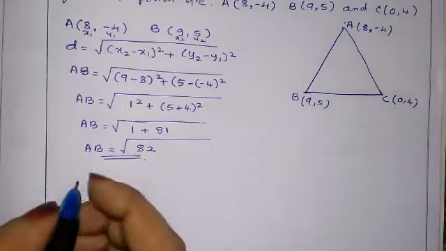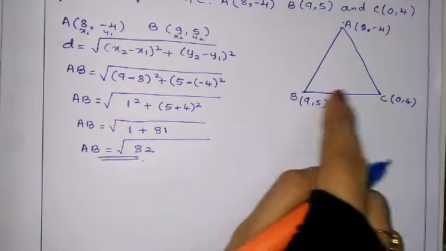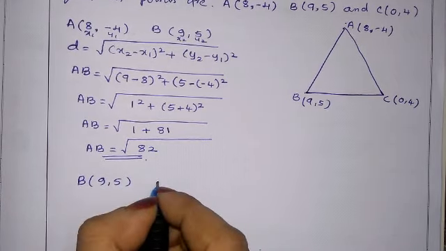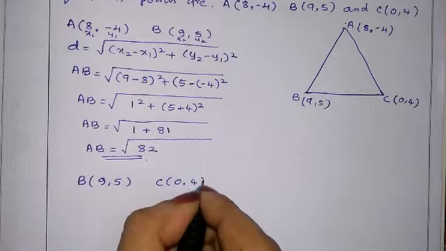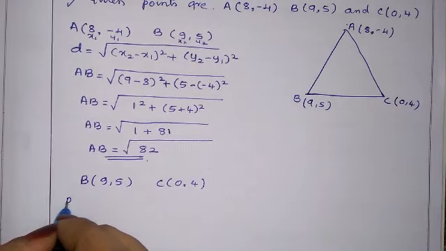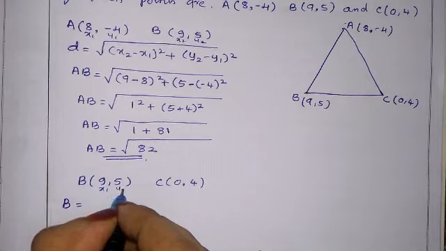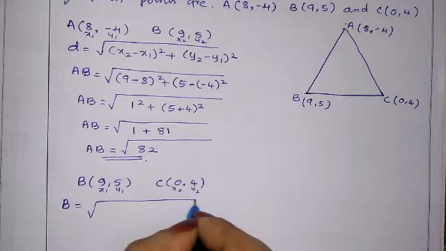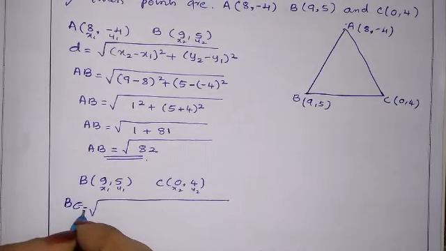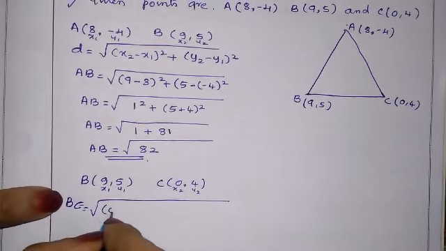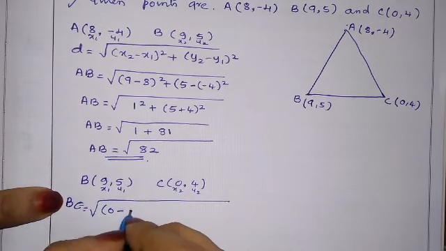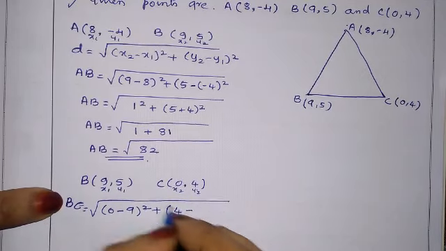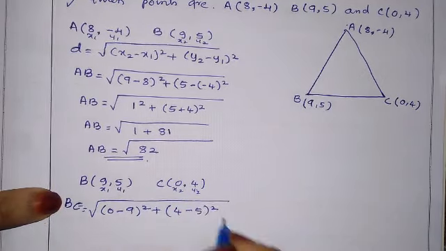Now in the same way we will check BC. Point B is (9, 5) and point C is (0, 4). For the BC distance, this is x1, y1 and this is x2, y2. I will write directly: x2 minus x1 whole square plus y2, which is 4, minus y1, 5, whole square.